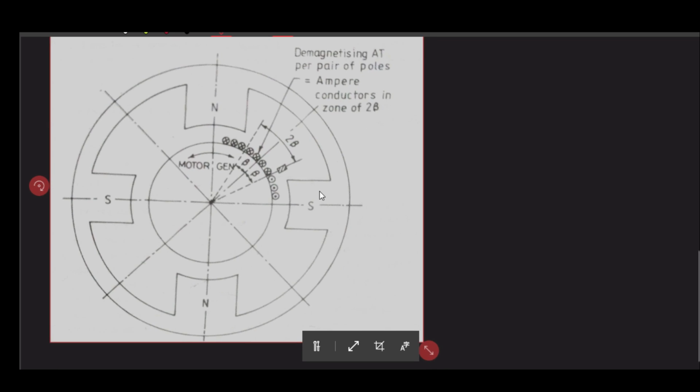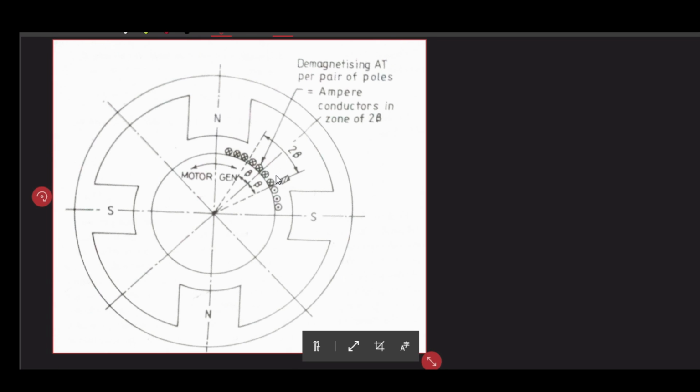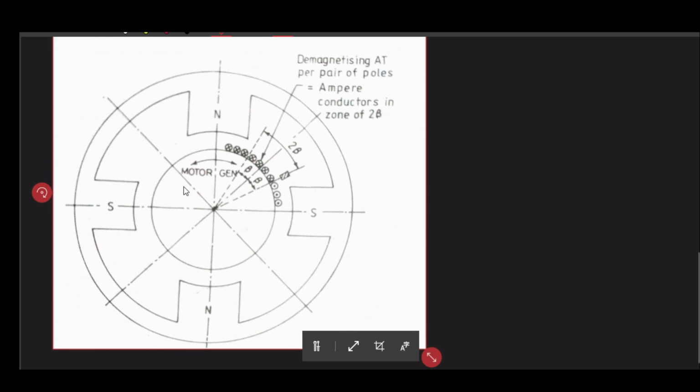Here you can see this is the demagnetizing armature turn per pair of poles, and the remaining area will be for the cross magnetizing MMF, right?